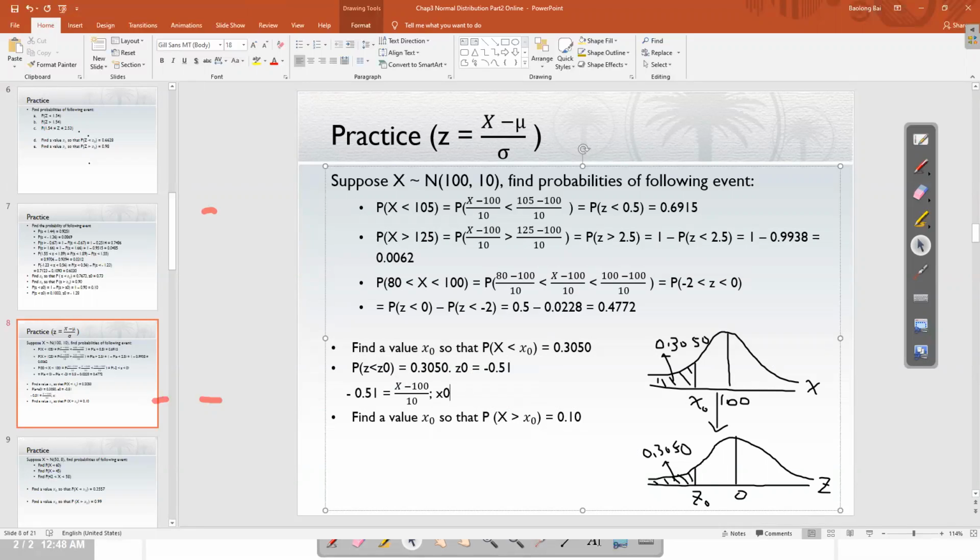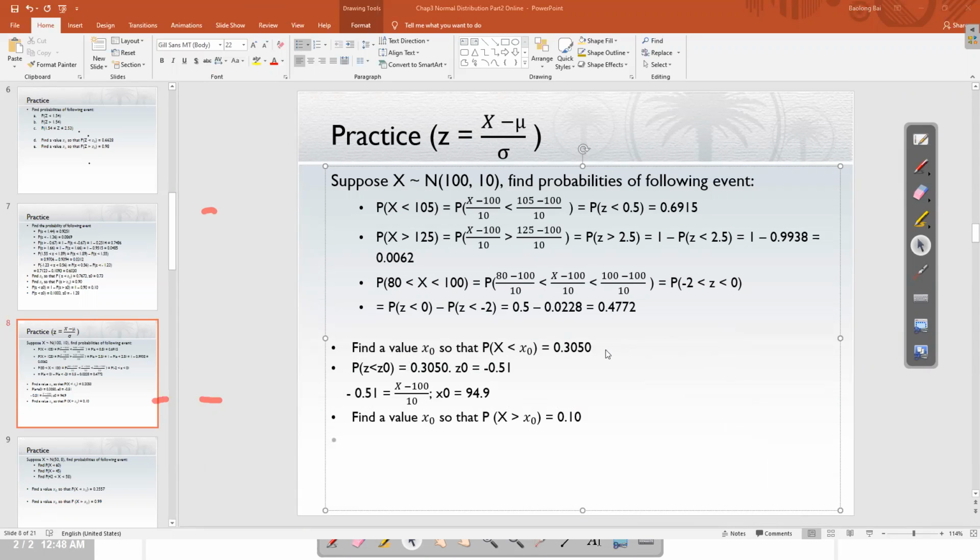And x of 0 will be equal to 94.9, okay? So I skipped the calculation for solving the equation. If you struggle with solving equations, you can email me and you can join the office hours so we can go over that. But that's algebra skills that you should have learned from the math class, right?